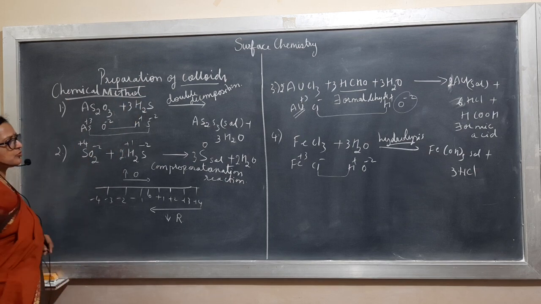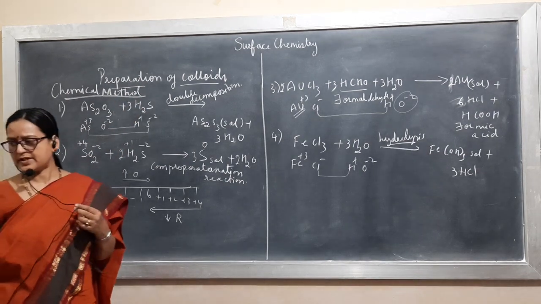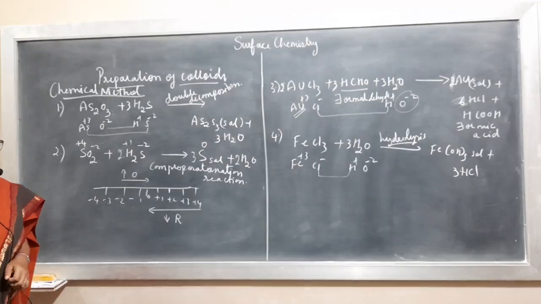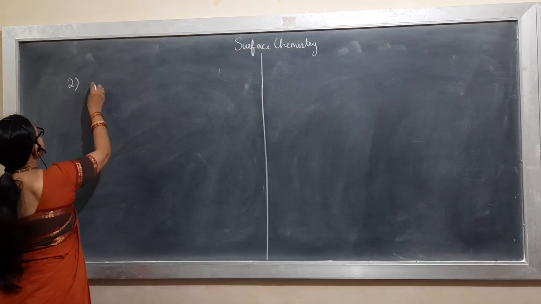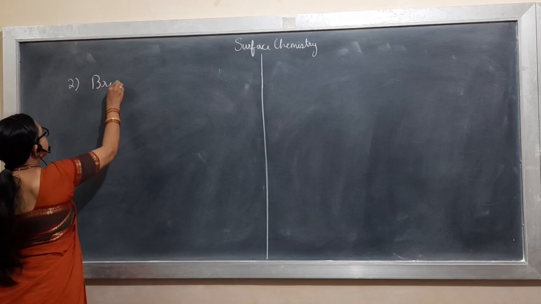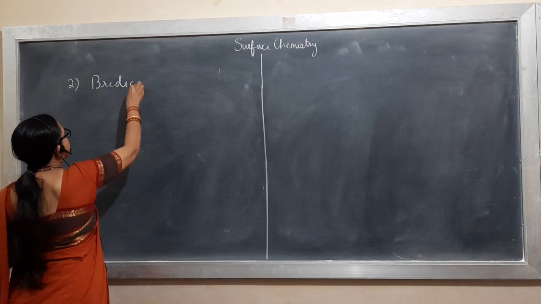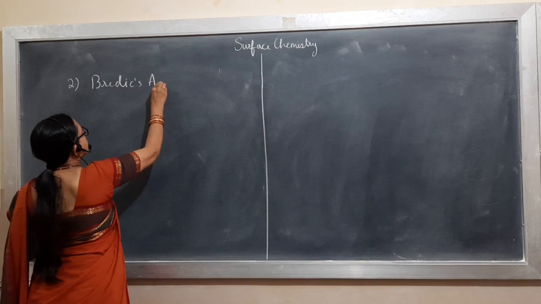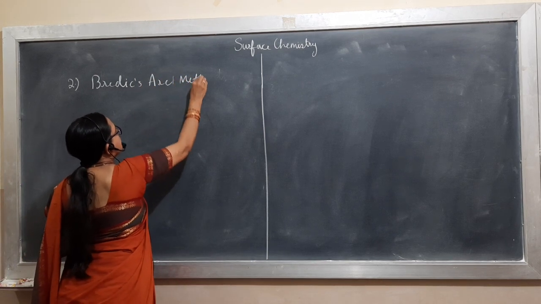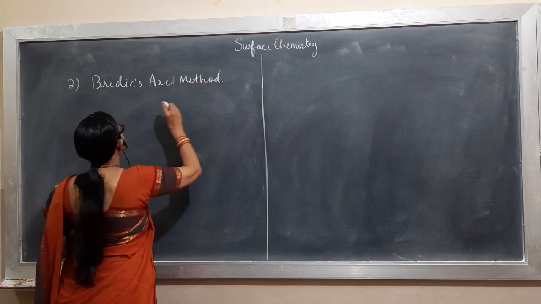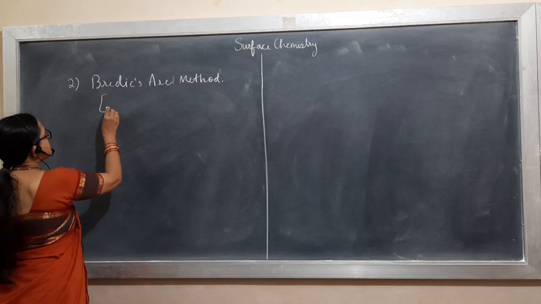After this, we are going to move on to the next method called Bredig's arc method. The second method is Bredig's arc method, also called electrical disintegration.